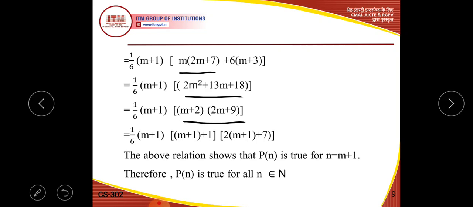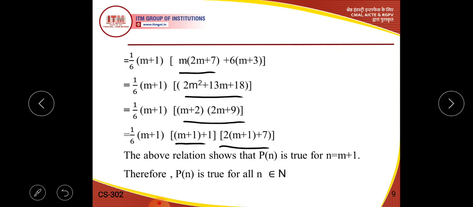Now you have to write these two factors in a certain form. We can write m plus 2 as m plus 1 plus 1 and 2m plus 9 in the form of 2 in bracket m plus 1 plus 7.